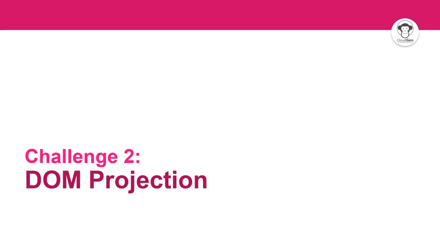And maybe I want to show this part of my React render tree somewhere else. And the reason why in the Blazor case this is interesting is because we only got one Blazor render tree. But what if we want, on several positions in our page, to show Blazor components, right?